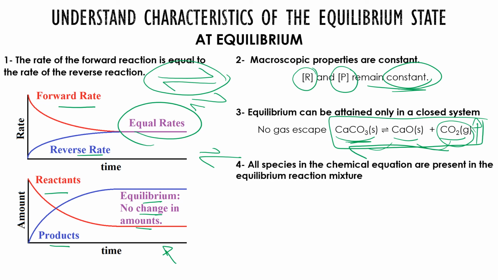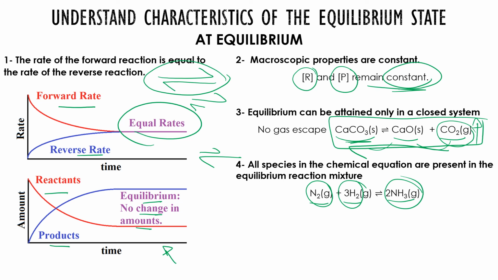Number 4: all species in the chemical equation are present in the equilibrium reaction mixture. If we have this reaction for the Haber process, the formation of ammonia from nitrogen and hydrogen, we should have all three species in the system at equilibrium. We should have nitrogen, hydrogen, and ammonia at the same time.